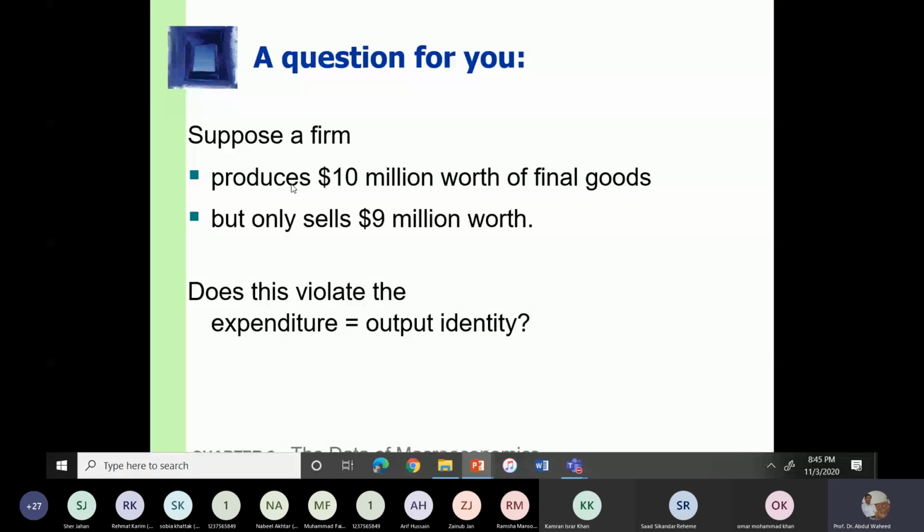आपने 10 मिलियन वर्थ ऑफ फाइनल गुड्स प्रोड्यूस किए, and then you sell only 9 million worth. सेल कम है। आउटपुट जो है वो 10 मिलियन है, फिर expenditure is 9 million, then plus 1 million would be what?